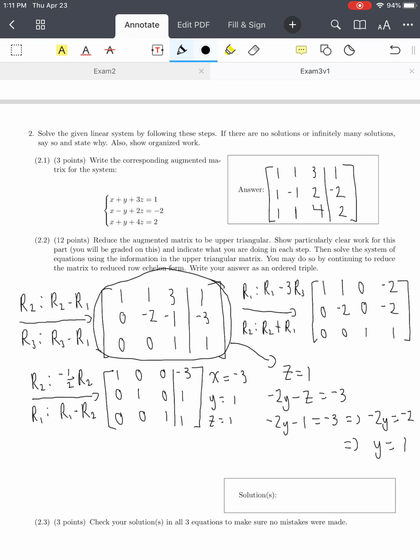And lastly, I'm just going to come to the left-hand side for this. We have x plus y plus 3z equals 1, or x plus 1 plus 3 equals 1. So x plus 4 equals 1, subtract 4 from both sides, gives x equals negative 3.